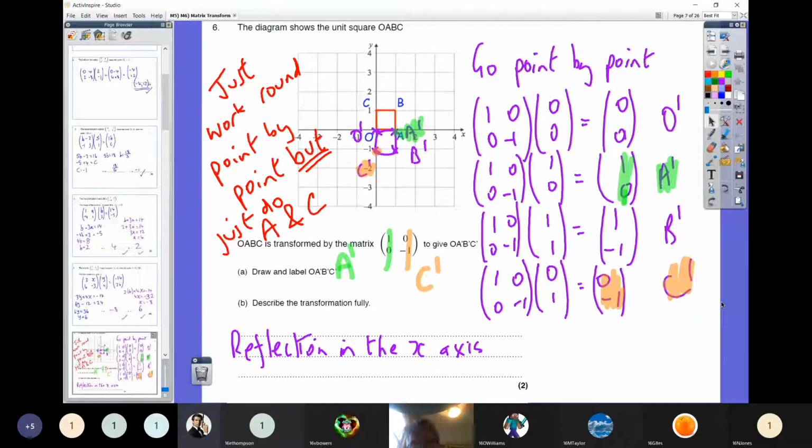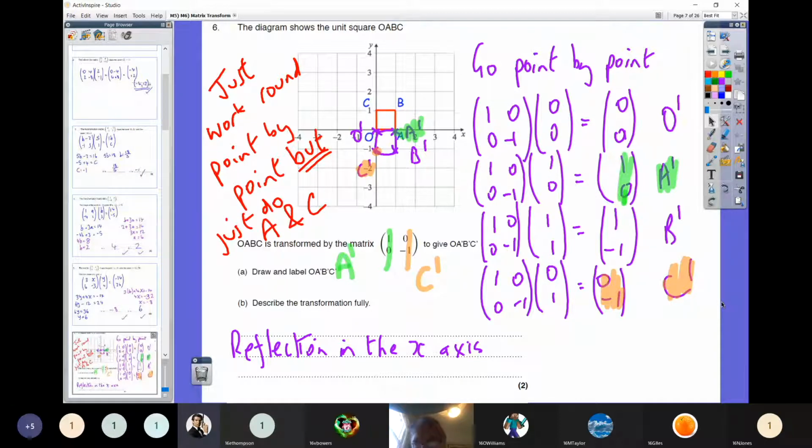So all you are actually doing here is you just work your way around the various coordinates of O, A, B, and C and multiply them by that transforming matrix. So if you look at the top on the right, I've just started off with the origin just so you can see it in completeness. And obviously, if you're multiplying any 2 by 2 vector by 0, 0, you're going to get 0, 0 again. So that's not surprising that O dash is O.